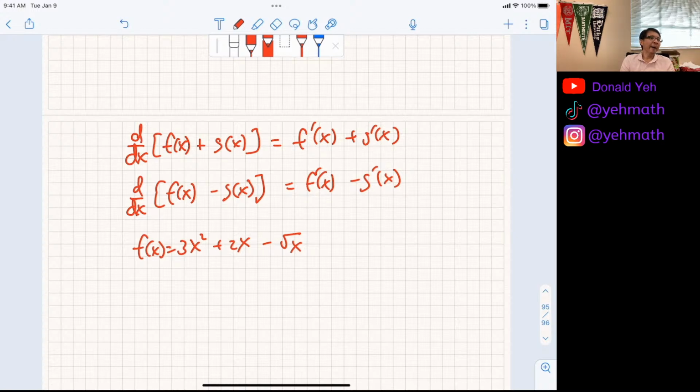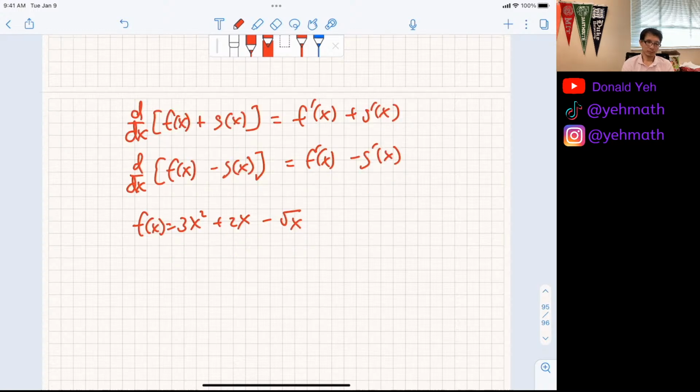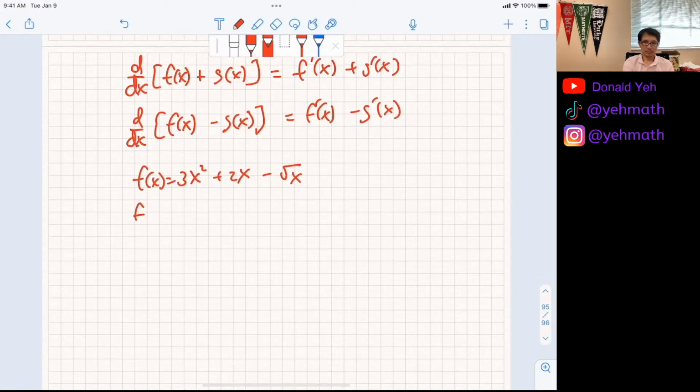I don't think that last part is right. It's 1 over 2 radical x, because you can't lose it. You have to do the whole thing. It's 6x plus 2 minus 1 over radical x.